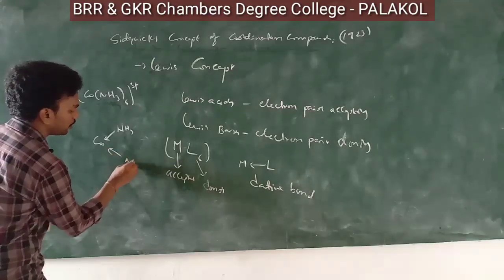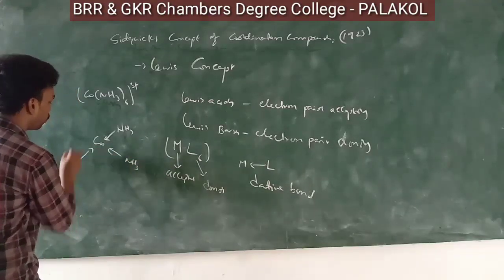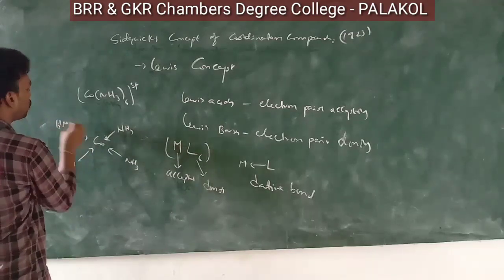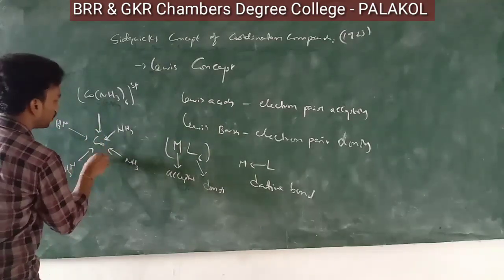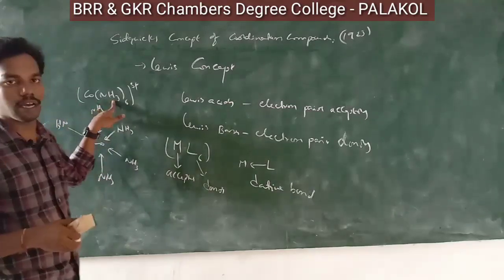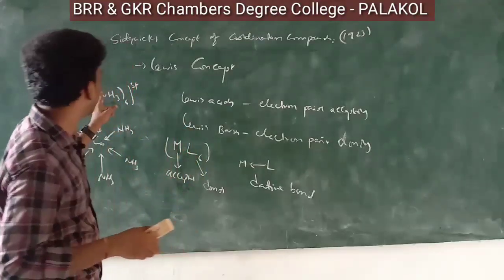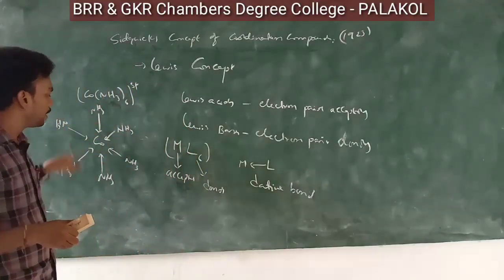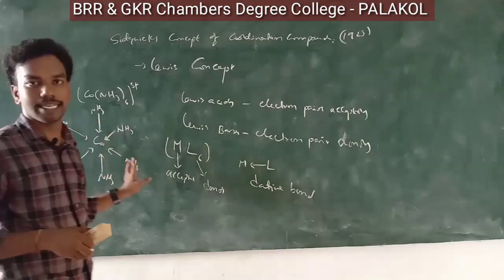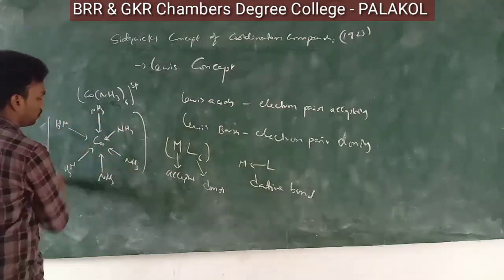In that way, each ammonia donates one lone pair of electrons. There are a total of 6 ammonia molecules, each having one lone pair, so 6 lone pairs from 6 ligands are donated to the central metal atom cobalt.